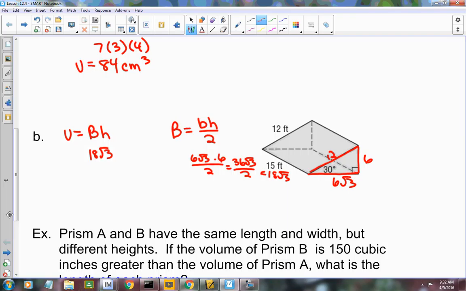Remember, it's the lateral edge, okay? So that's 15. So we multiply 18 radical 3 times 15, which is 467.7 feet cubed. That's its volume.